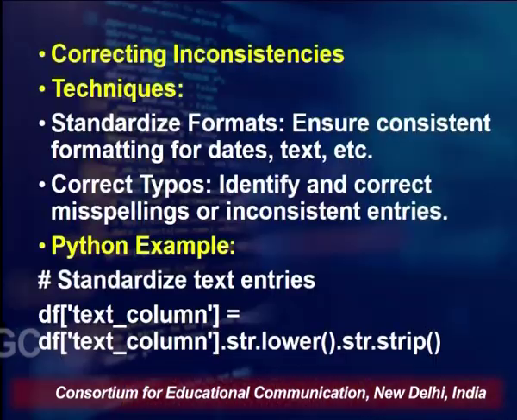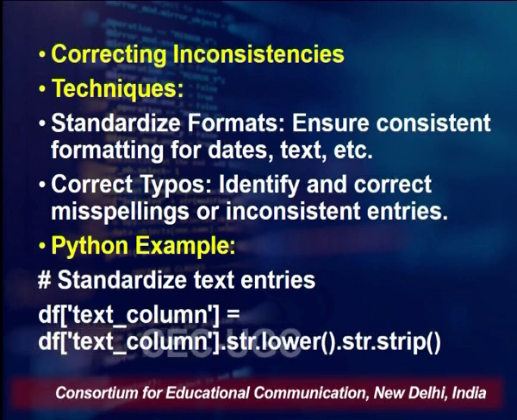Then sometimes we also see that there are inconsistencies in the data, that is, data values which should be the same in two data sets are not consistent with each other. The first thing we do is try to standardize the format. We have already seen how data standardization is done. We ensure that the values and the formatting for date and text etc. are consistent, and we identify and correct typos, misspellings and inconsistent entries.